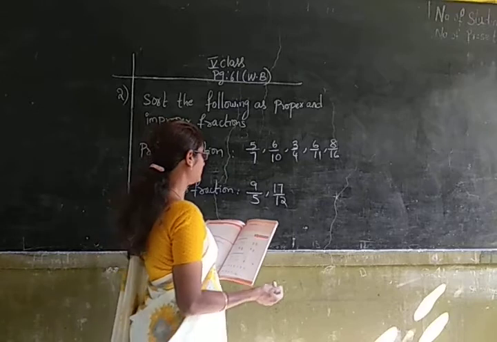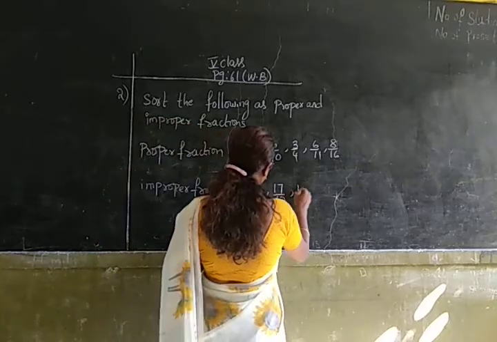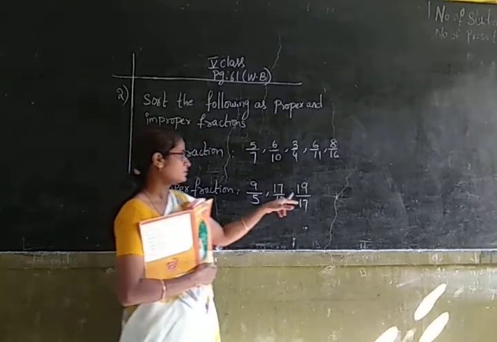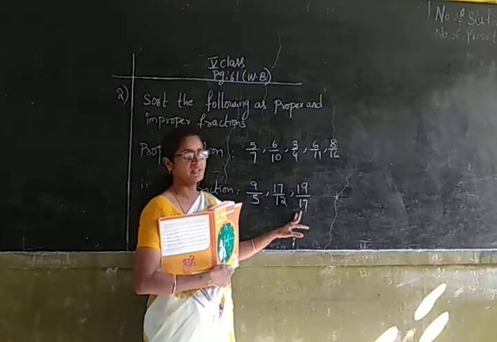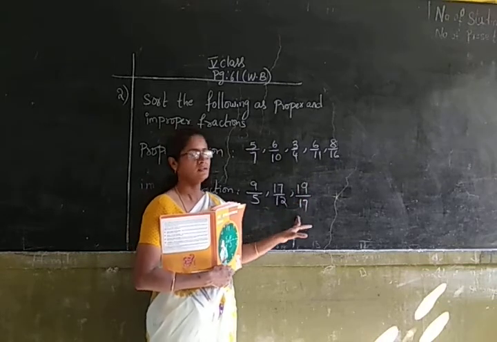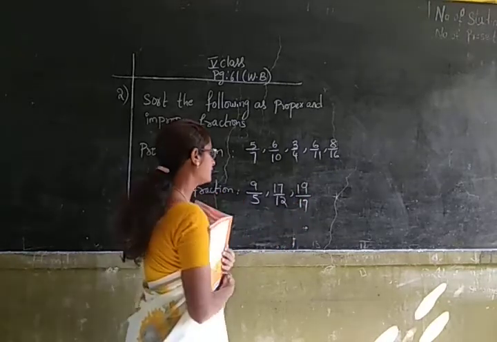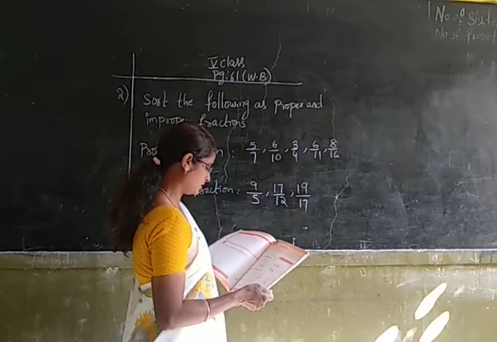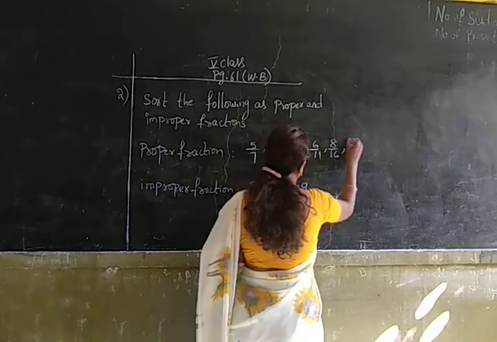Next, 19 by 17. 19 by 17 is an improper fraction because the numerator is greater than the denominator. Here 19 is greater than 17, so it is an improper fraction. The next one is 107 by 109.